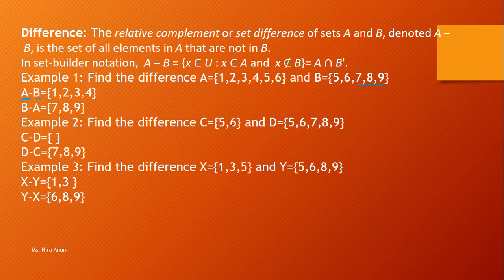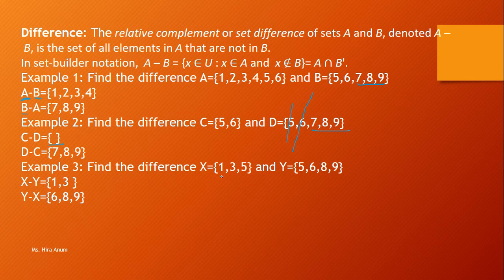You can see 5 belongs to D and 6 belongs to D. So our C minus D is empty set. When we write D minus C, you can see 5 belongs to C, 6 belongs to C, but 7, 8 do not belong to C. So our answer is 7, 8, 9.